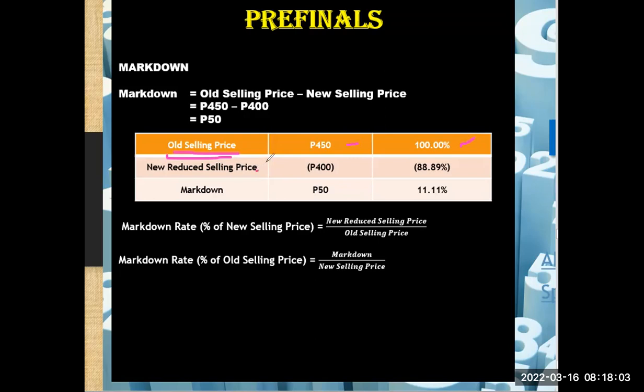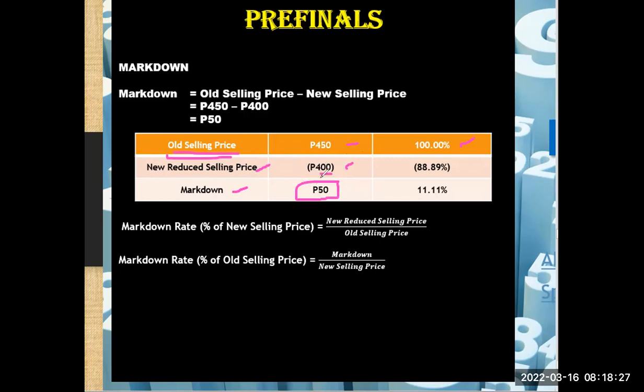The new reduced selling price is 400 pesos. Then for the markdown, we simply subtract 450 and 400. So this is the price that went down from 450, now becomes 400.